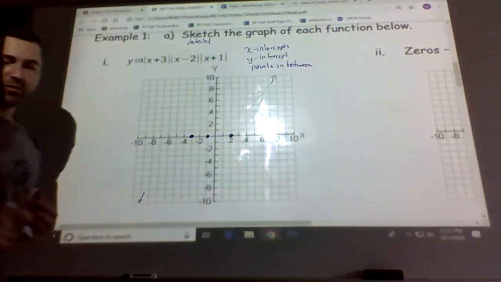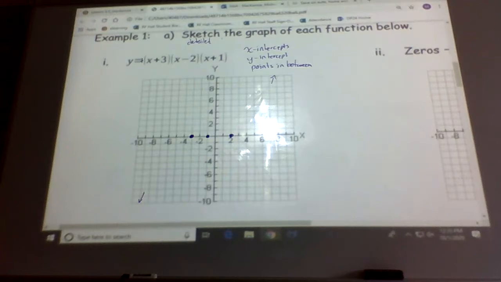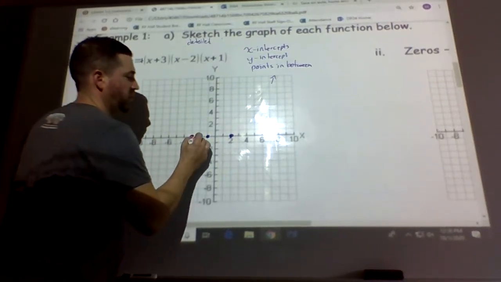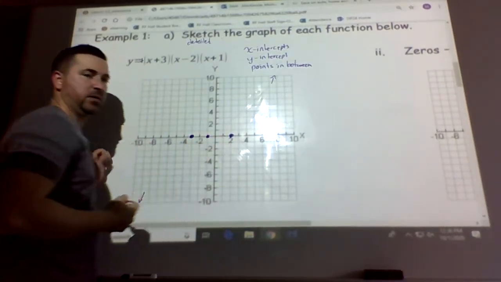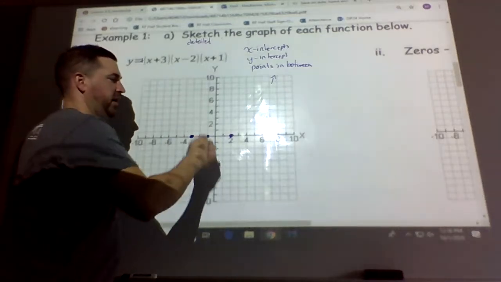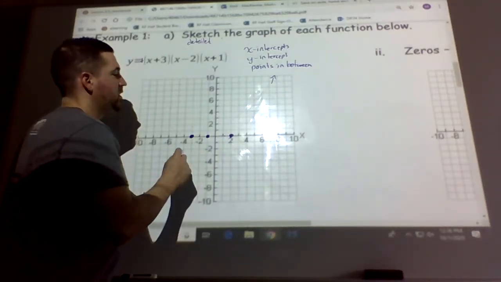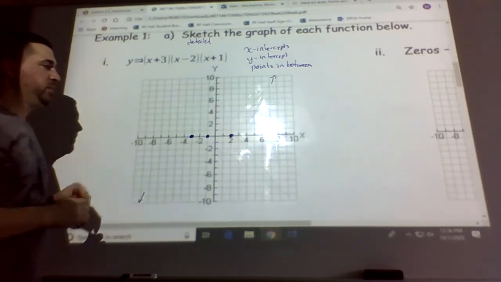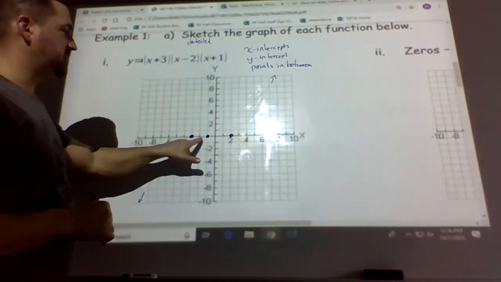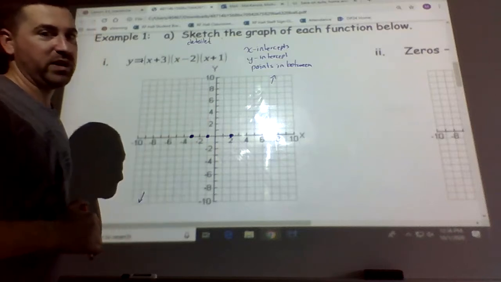What I mean by points in between is I want to know where these values are here, because we're going to have some hills and valleys, some local maximum or minimum values. So I want to find out where those are. So we're going to plug these values into the equation and see what we get as our answer.